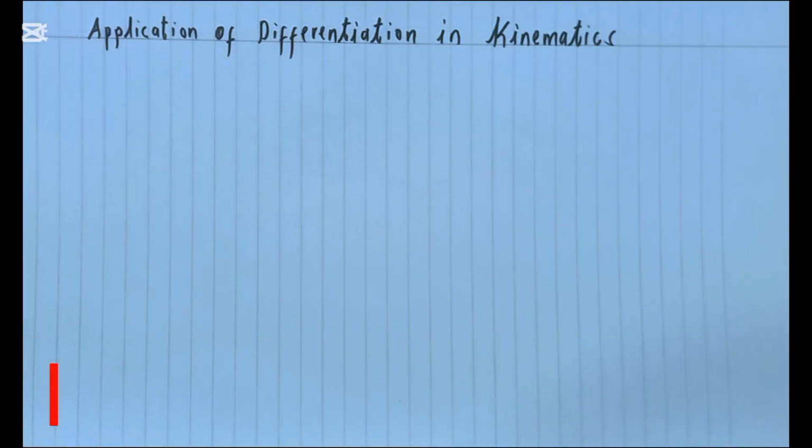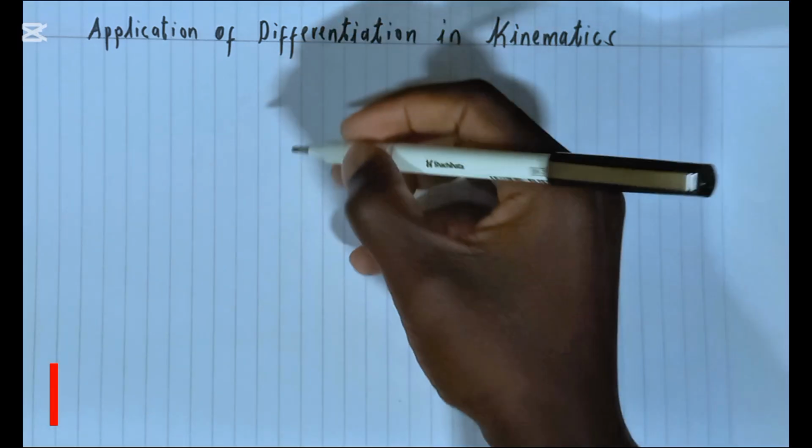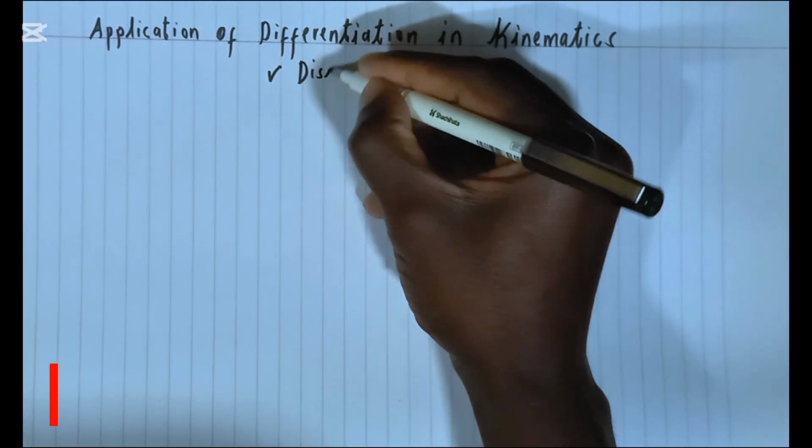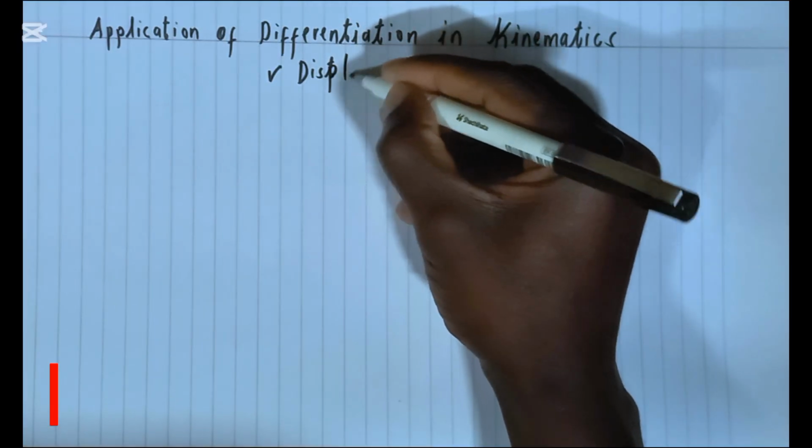So we are going to look at how differentiation is used in the study of kinematics. All right. So basically, kinematics is the study of motion. So when we talk of kinematics, we are talking of displacement. Displacement, sorry.